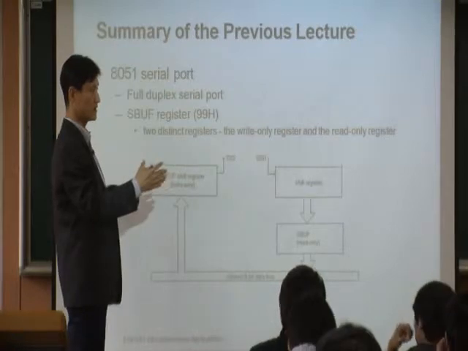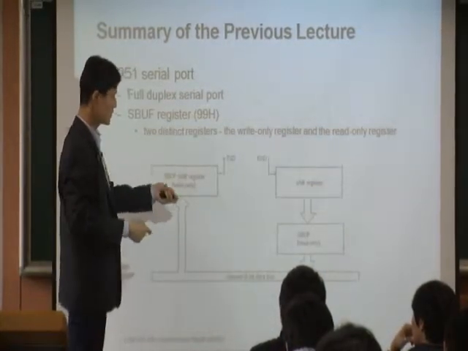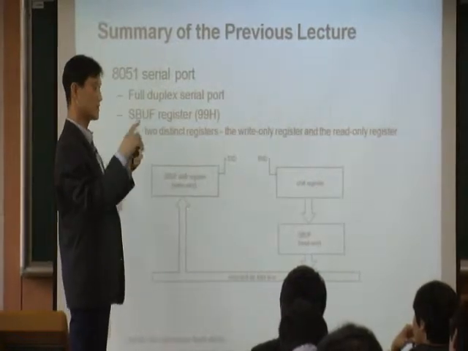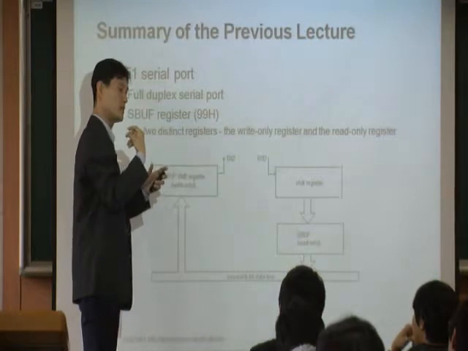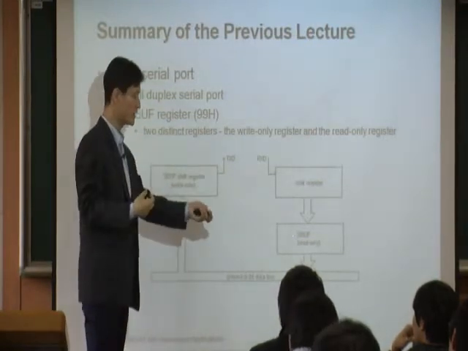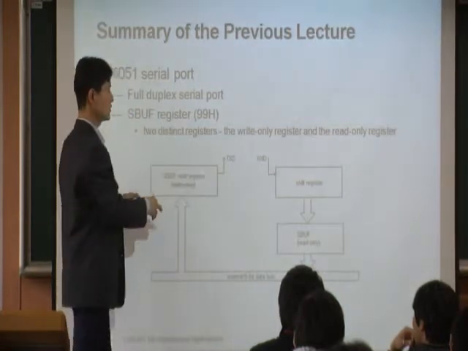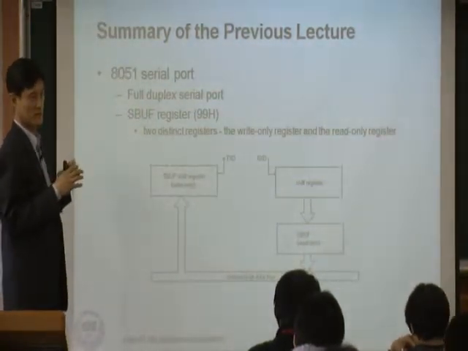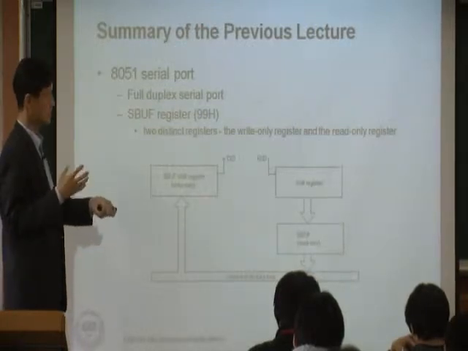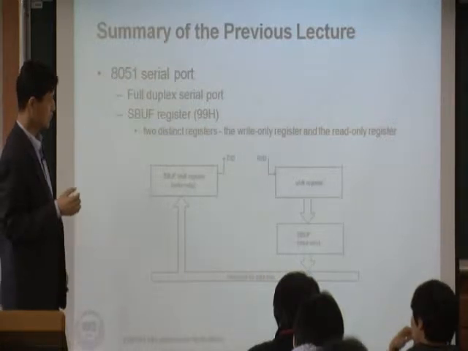These 2 are the same address. If you write C into SBUF, that goes into here. If you read some value from SBUF, you're going to read it from here. So these 2 actually have 1 address, but the hardware works this way.